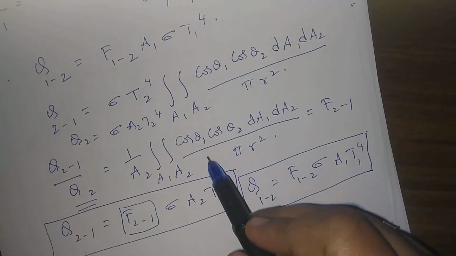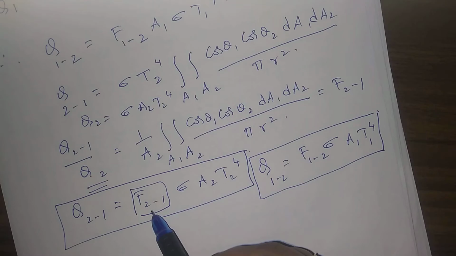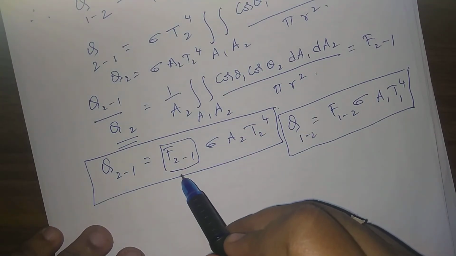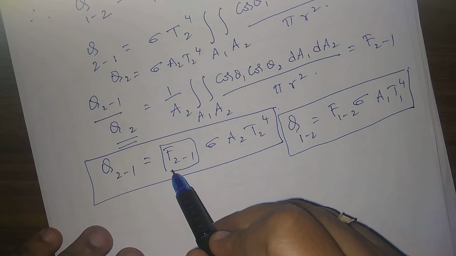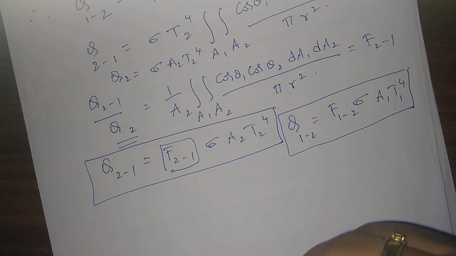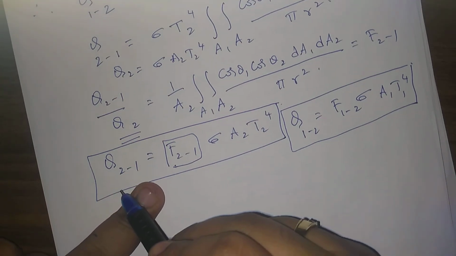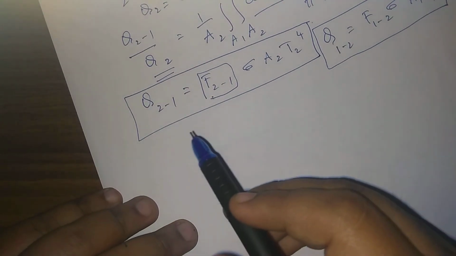You need not worry about this big mathematical expression. You can just use some algebraic thumb rules available in radiation, which I'm going to cover in the next video. If you can find F2→1 and F1→2 with some arrangements of the bodies, you can very easily find the heat transfer happening. Got it? Now we will come to the radiation exchange.